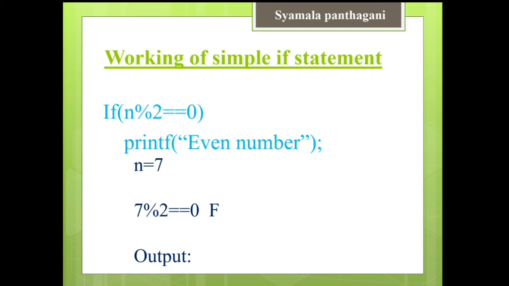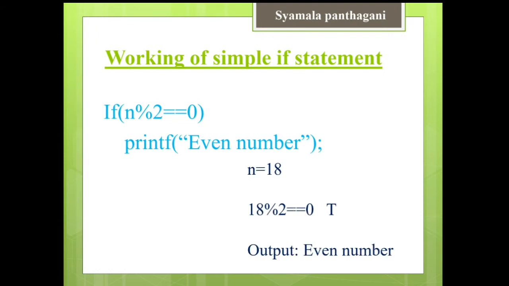Now, I would like to explain another example. If n is equal to 18, if I take the value of n as 18, substitute this n value in this condition. 18 mod 2 is equal to 0.